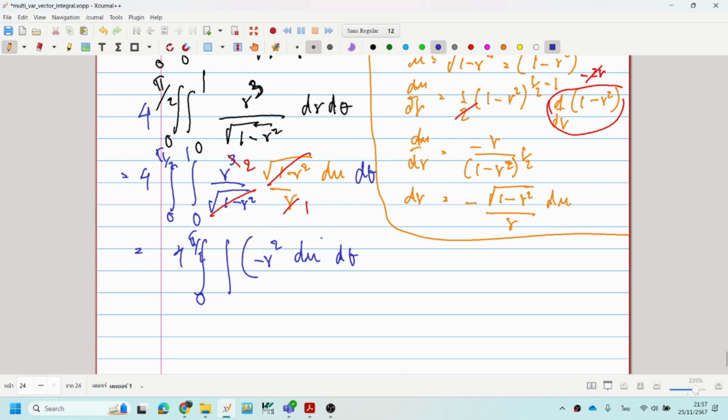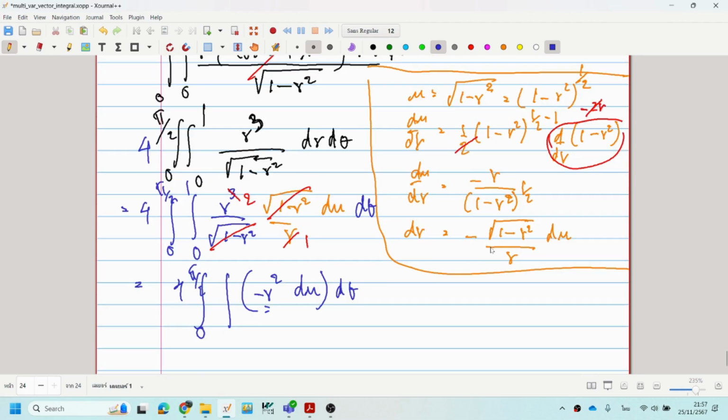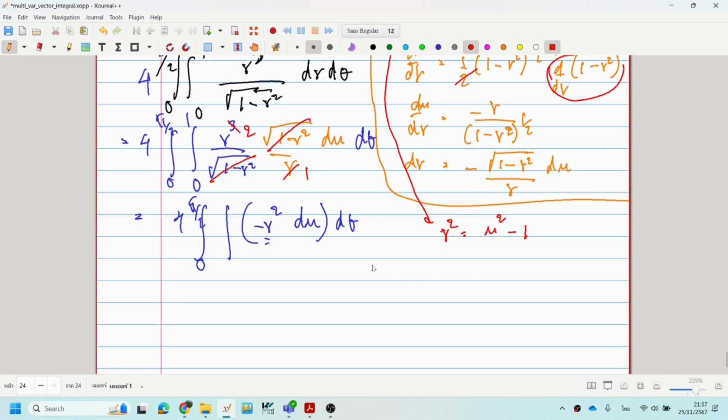You just solve the inside integral. What is r? Because it comes from here and from here, right? r squared is u squared minus 1, right? I take it to the original problem.